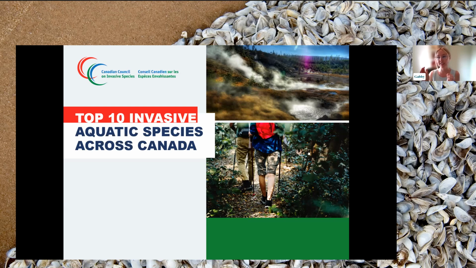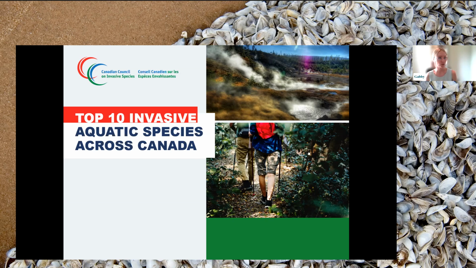If it's a new satellite population, it's so important to identify that. It's way easier to control and manage an existing population when you keep it from expanding. So it's important to report whether it's new, never been seen before, or existing. It's just way better to have more information than none at all. So that'll be a theme as well. And we'll touch back on reporting at the end of the 10 species I'm about to go through.